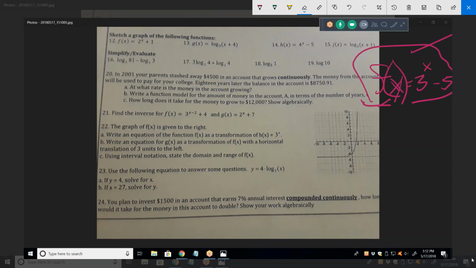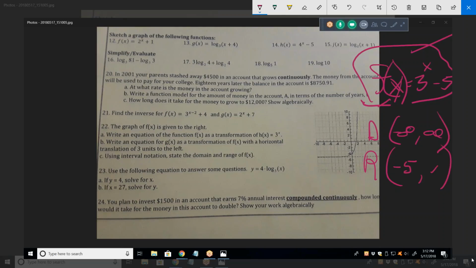Now, the range is actually quite a bit easier to read from the graph. So interval notation on the domain is negative infinity to positive infinity, and the range is from -5 to infinity.